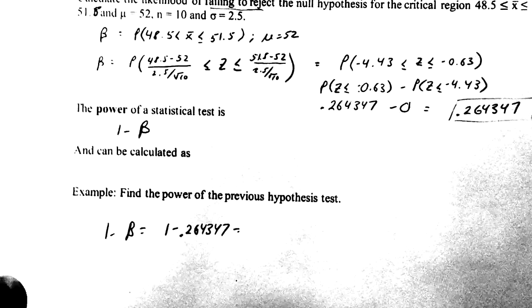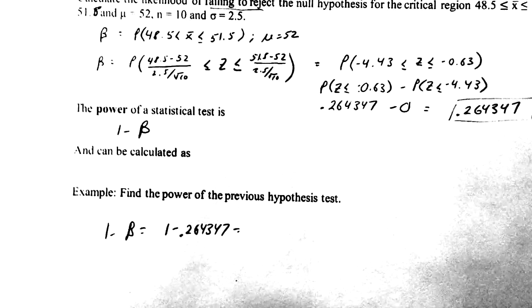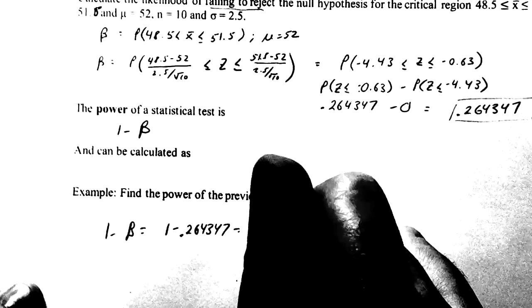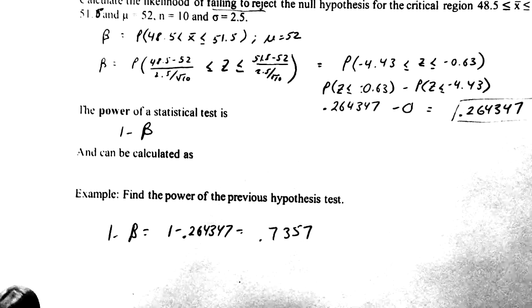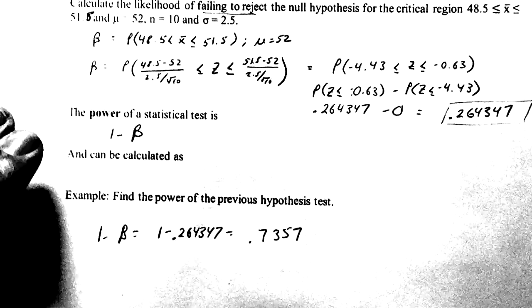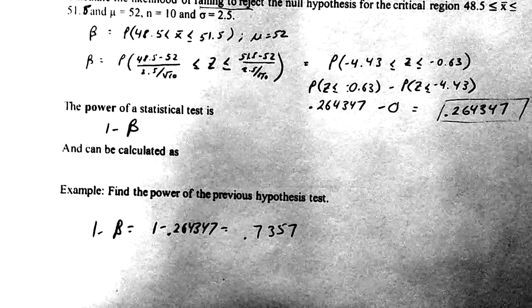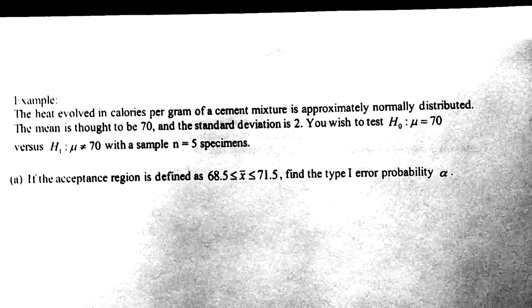This is the likelihood that we would actually have the correct sample, and that's equal to 0.7357. We'll talk more about power later when we do more in hypothesis testing, but it's equal to 1 minus beta, so I figure we'll throw that in now.